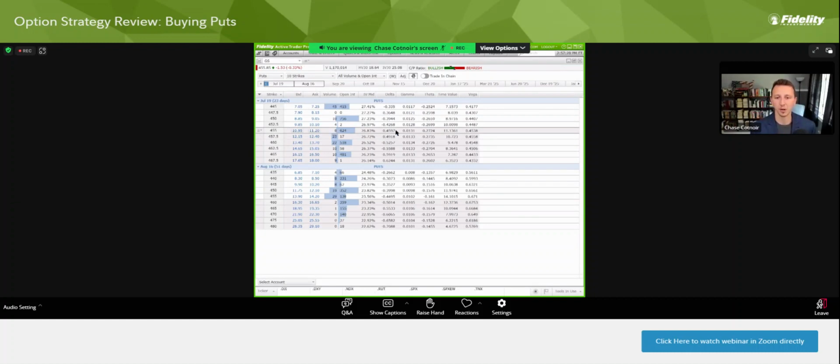If we go over here to the right, I've added theta as a column. James showed it, but just to reiterate, if you don't have this column and you want it, you can simply right click on an existing column and choose add column. From there, you scroll down to the bottom and you'll see the different option Greeks. It's not listed here for me because I already have it applied, but if you don't have it, that's where you would see it.